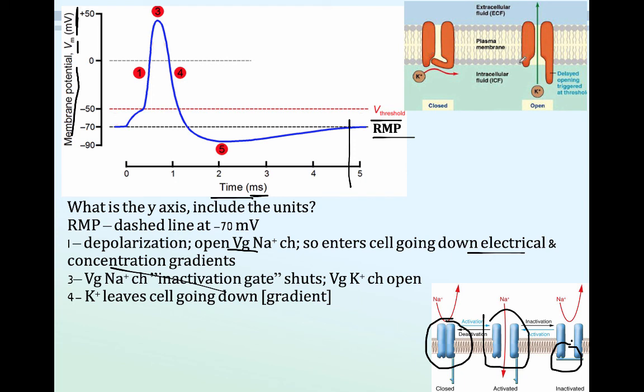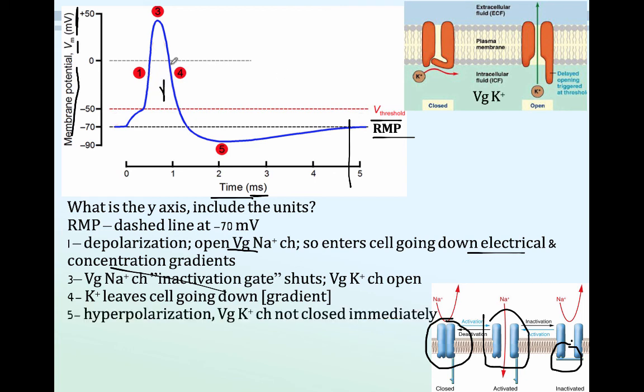They respond more slowly. They're not fully open until we get over to here roughly. Okay? And you can see that because they don't shut right away, we actually get this period of hyperpolarization. Then the voltage-gated potassium channels are shut. The sodium-potassium pumps are furiously pumping away, getting sodium out of the cell and potassium back in. And finally, we're back to our resting membrane potential of negative 70 millivolts.